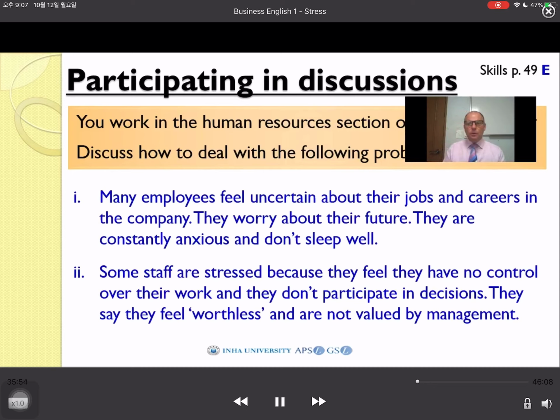That could be one way, quite a drastic way, restructuring your whole company, but that is one solution you could do. But can you think of other solutions? How would you deal with that? Maybe working in smaller groups rather than bigger groups. There's lots and lots of different ways you can solve that problem. How would you do it, and why would you choose that option if you worked for the human resource section?